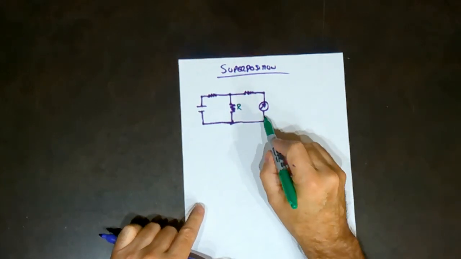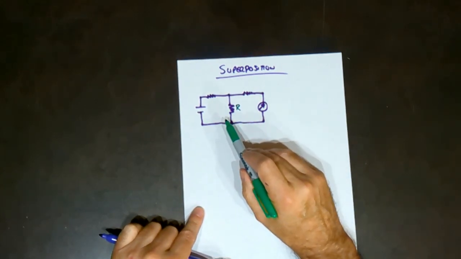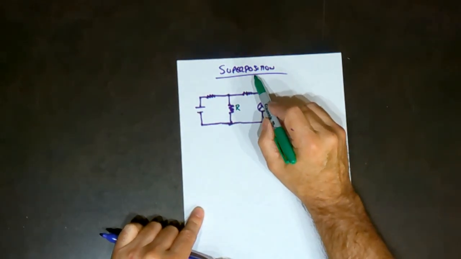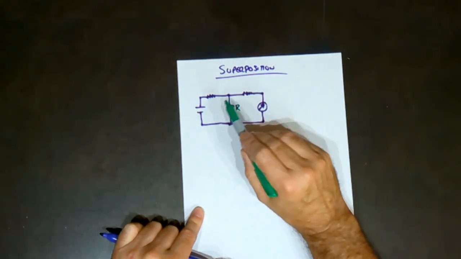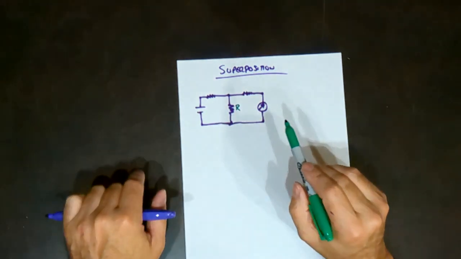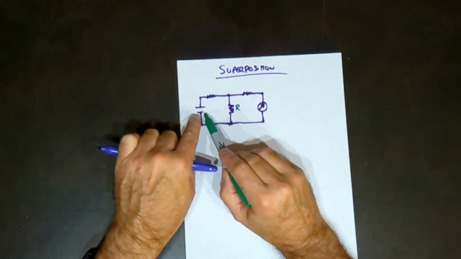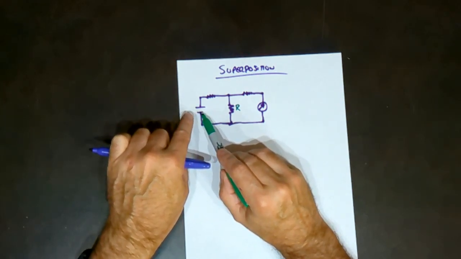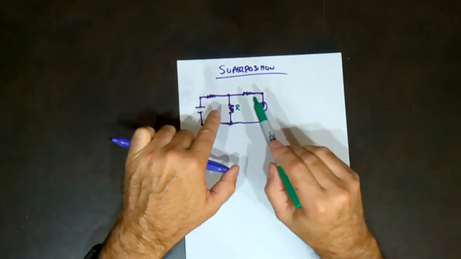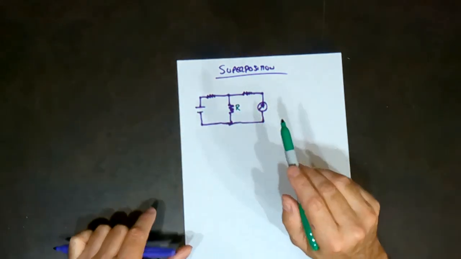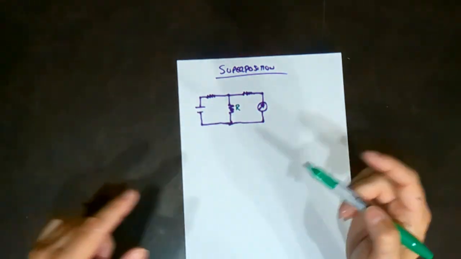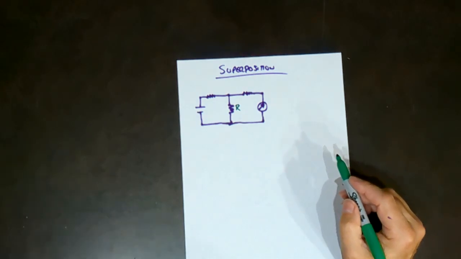I have two power supplies that are feeding that resistor. Superposition theory looks at each power supply separately, and then whatever current is created from this power supply is algebraically added to this one. So that means that there could be negatives involved depending on how we do it.